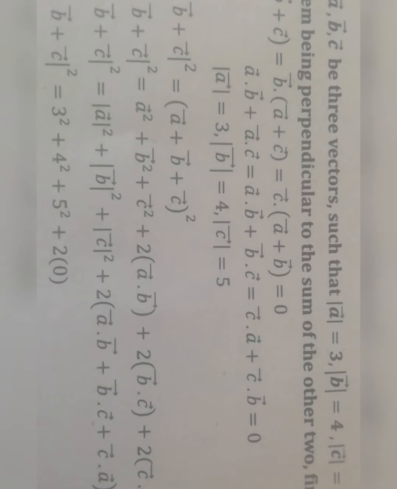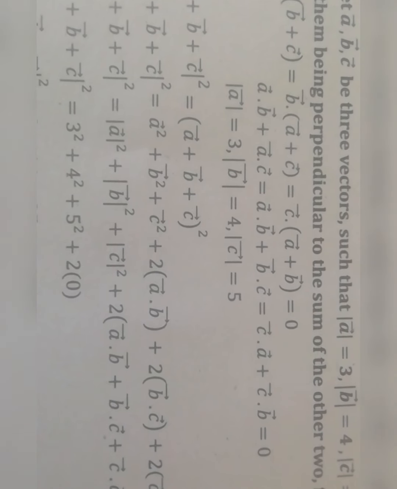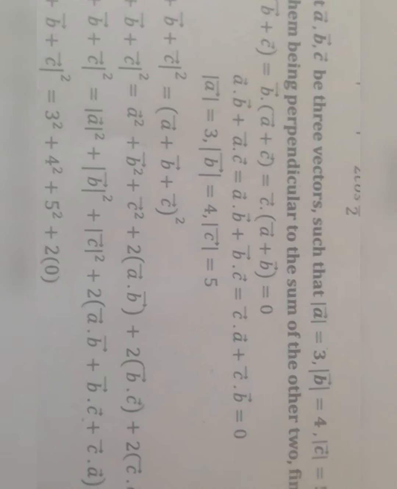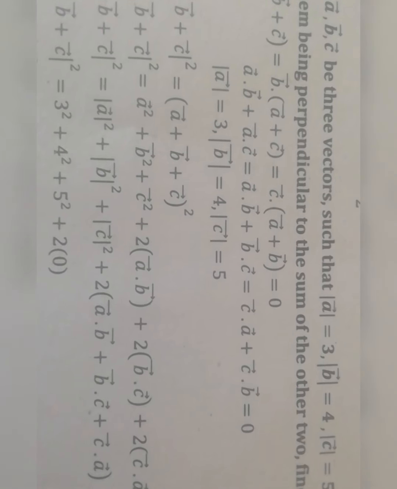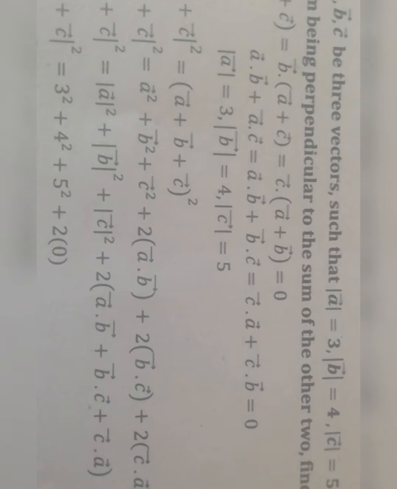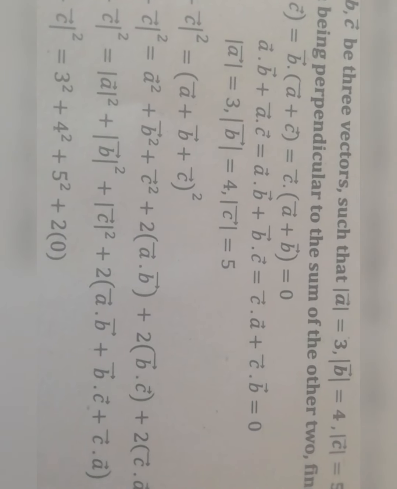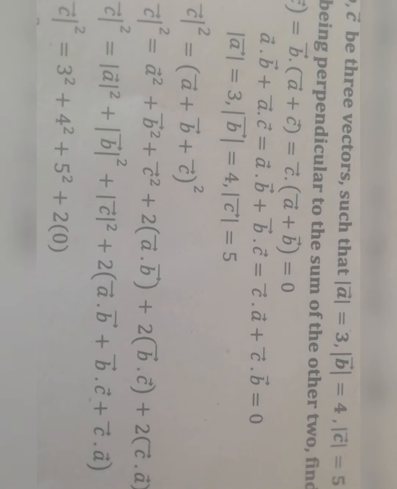So here A, B, C are perpendicular vectors, mutually perpendicular as I told you already. So A dot B equals B dot C equals C dot A, all equal to 0.